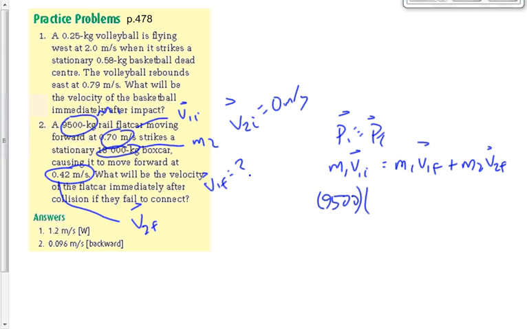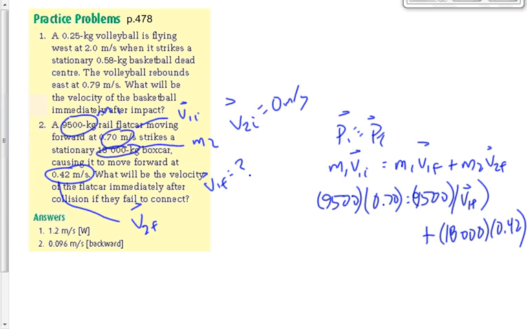V1I is 0.70. V1F was, that's what we're looking for, right? M2 was, what is it, 16,000 or 18,000? 18,000 times V2F was 0.42.